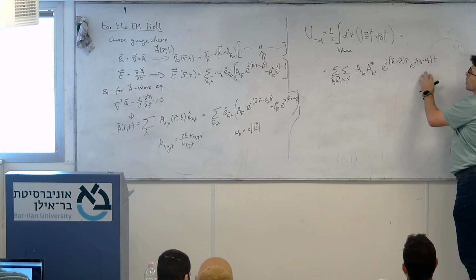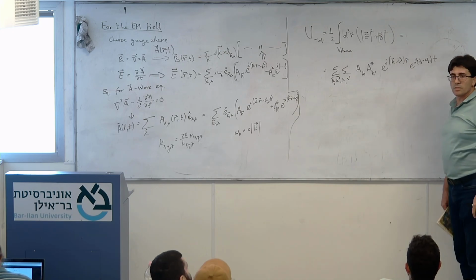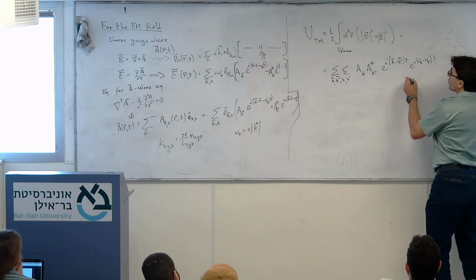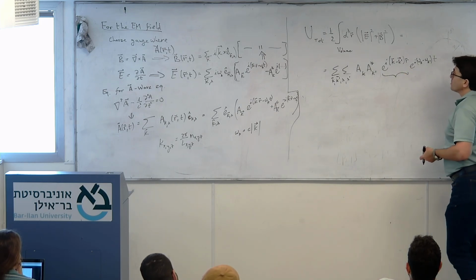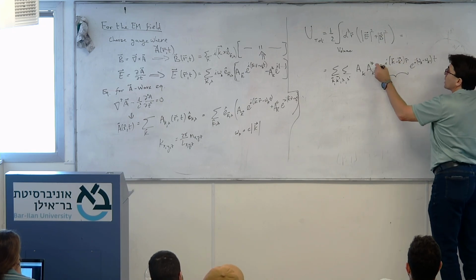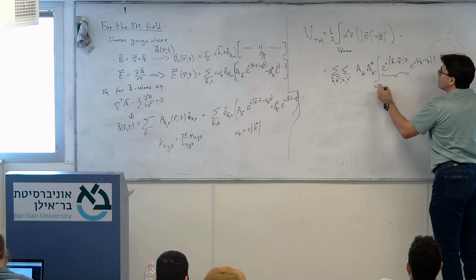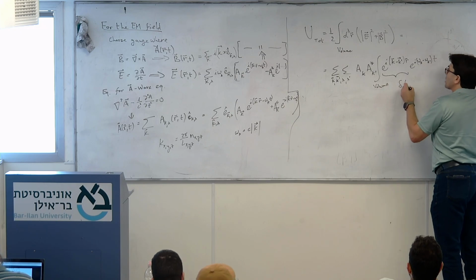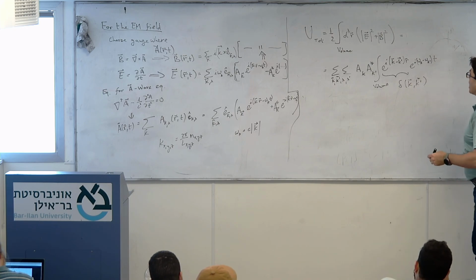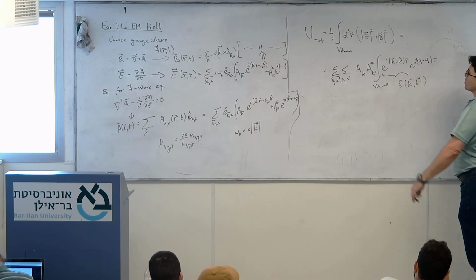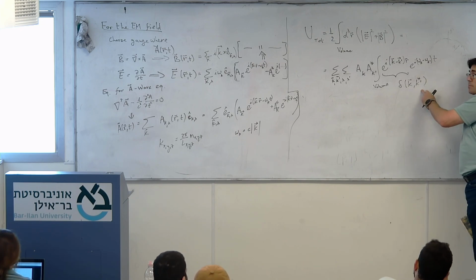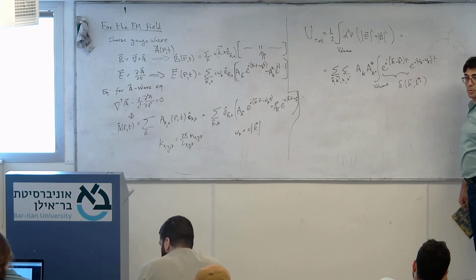Now forget about the t part, because we're integrating over real space, and therefore when you integrate over the entire volume, this will become a delta of k minus k prime. And that will kill one of the sums. Immediately it will kill this one as well, because if k and k prime are the same, then omega_k minus omega_k prime is nothing.